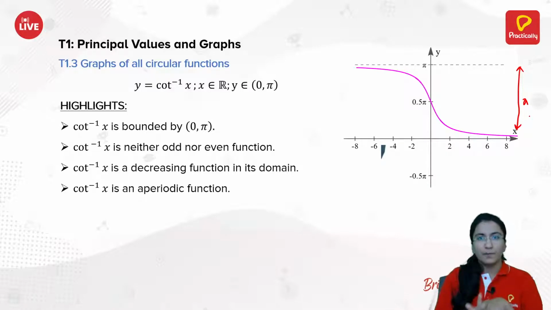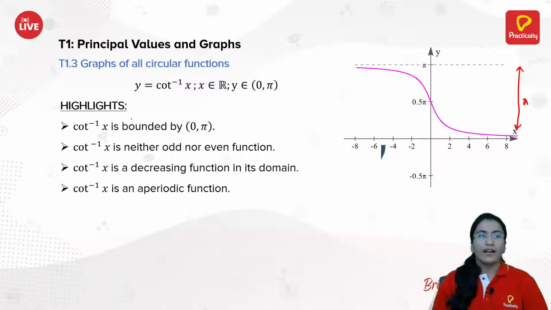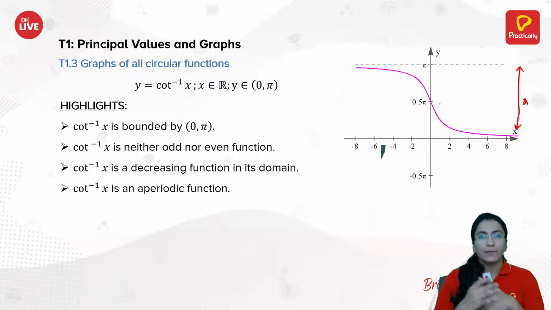You need to remember this, okay? Next, the highlights are, first one, cot inverse x is bounded by 0 to π. You will have the pre-image of all the points lying in between 0 to π, right? And no point more than π or less than 0 will have its pre-image.